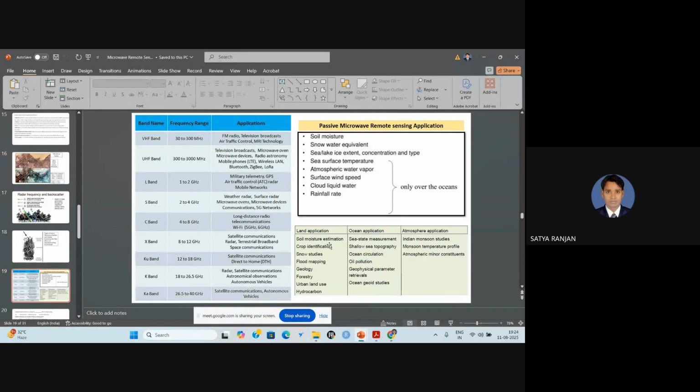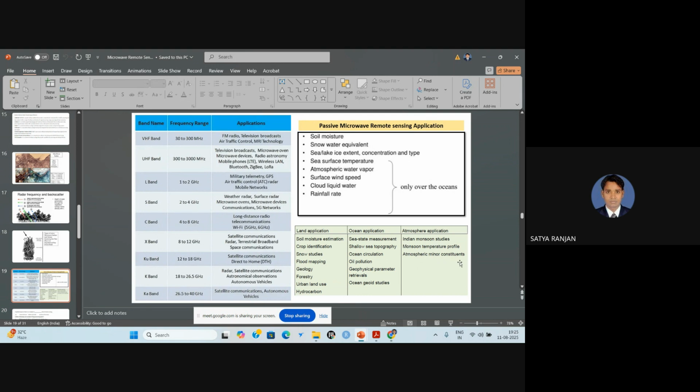And overall, the different applications are soil moisture estimation, crop identification, snow studies, flood mapping, geology, forestry, urban land use, hydrocarbons, then sea state measurement and ocean circulation, oil pollution, that is oil spill, then geophysical parameters, ocean geoid studies, and Indian monsoon studies, monsoon temperature profile, atmospheric minor constituents.